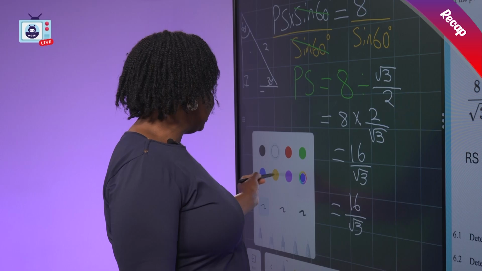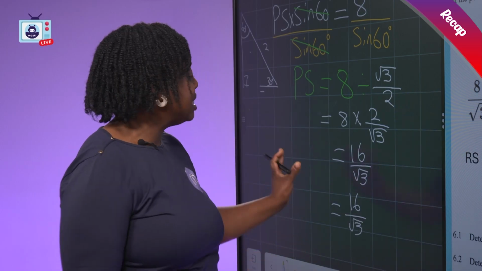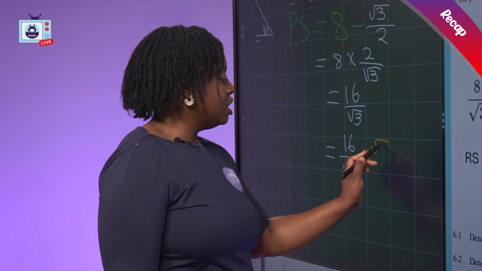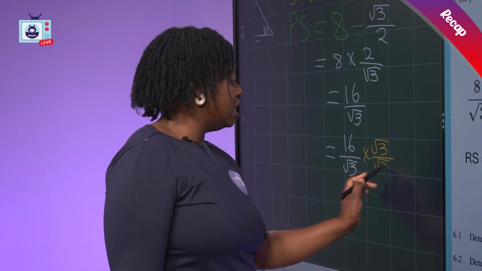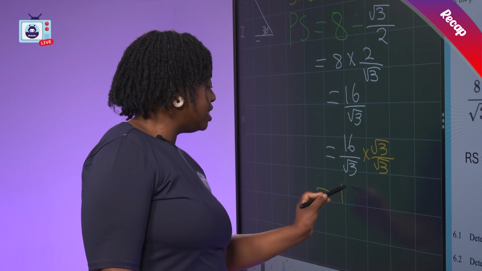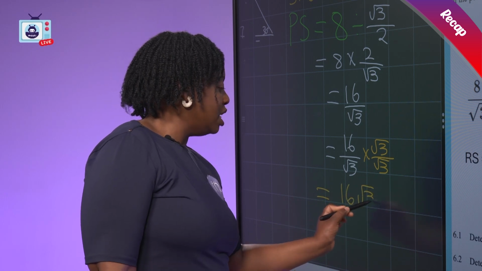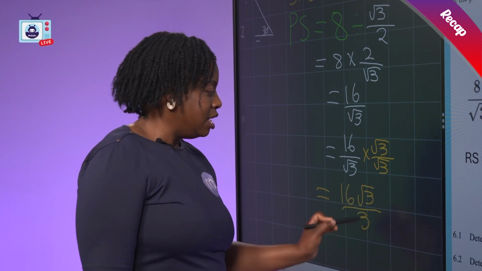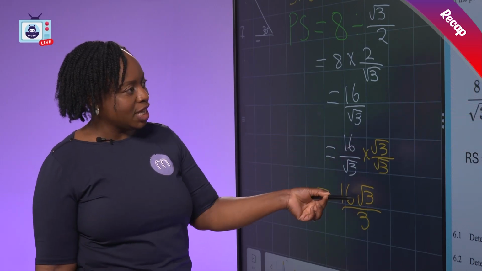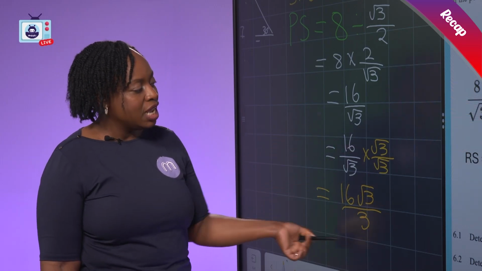It's really not a necessity, but since they say we must simplify to the end, we might have to show it. So root 3 divided by root 3 will divide, and I'm left with 16 root 3 divided by 3.